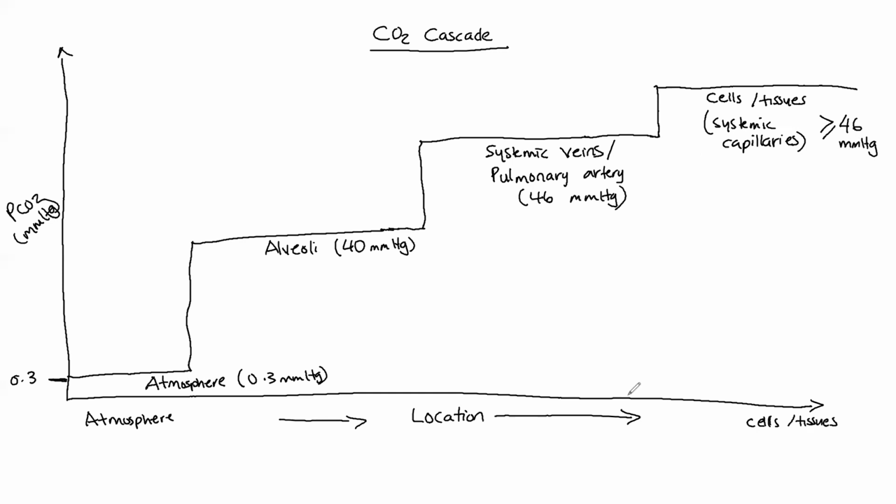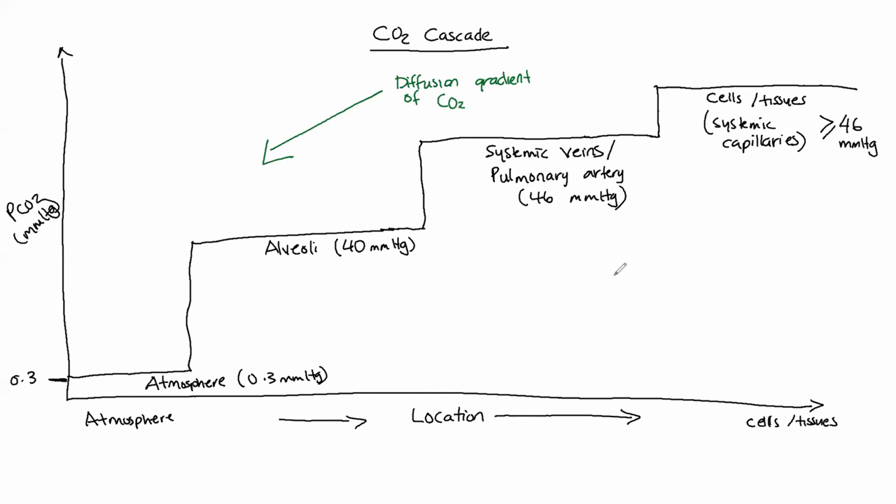Okay, and so what we see is another gradient, right? We go from high partial pressure to low partial pressure, which influences the direction of movement of this gas. And so the gradient is going to be in the opposite direction this time. So this is our diffusion gradient of CO2, okay?